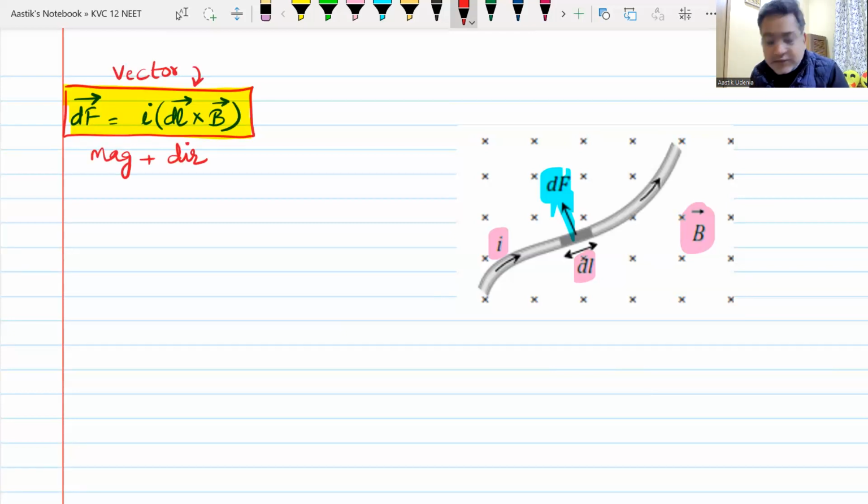Force is a vector quantity, and therefore we have this vector equation, but we also have a scalar equation, and that scalar equation will give me the magnitude of the force.